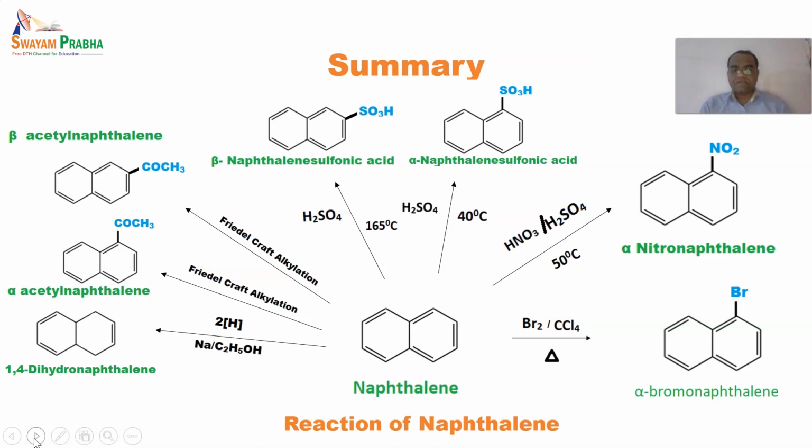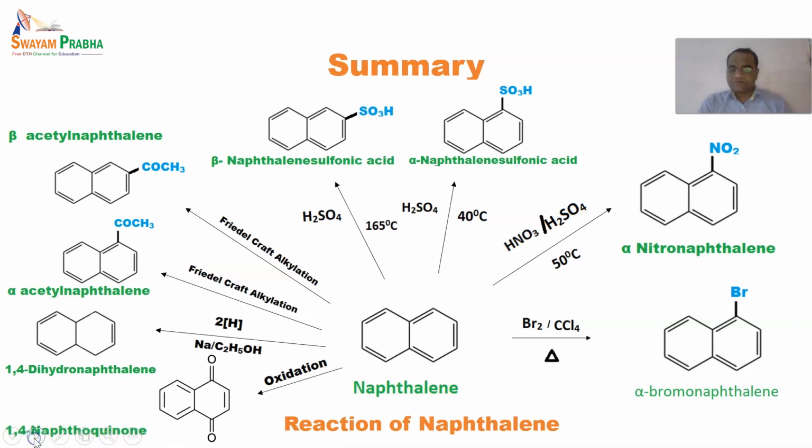So overall we can understand that the alpha product is readily formed, but for the beta product we require some drastic reaction conditions. More often we just get alpha, and after that we get beta. Beyond that we do not get any further substitution product.